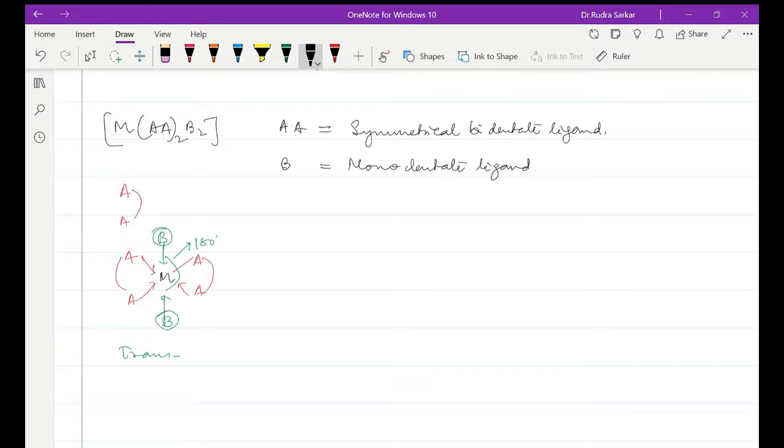And similarly, what other arrangements can we have? So what we will do, we will avoid this particular arrangement by placing the B atoms at 90 degrees to each other, and the rest of the positions we will take up by the A atoms. That is how one has to approach, and it will lead to the correct answer.